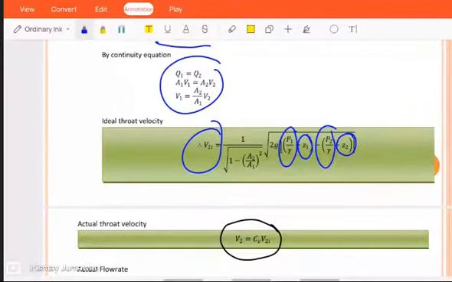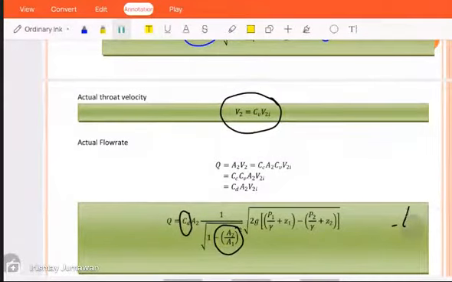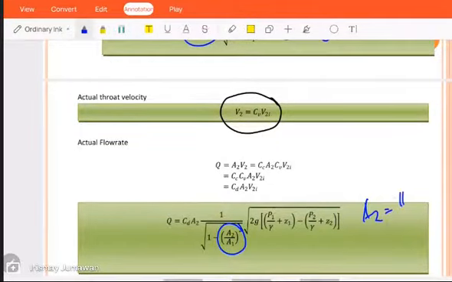For the CD, as derived earlier, you have the coefficient of discharge to determine the actual Q. You can simplify A2 over A1.